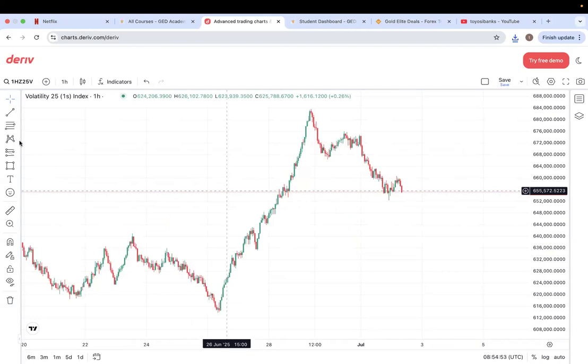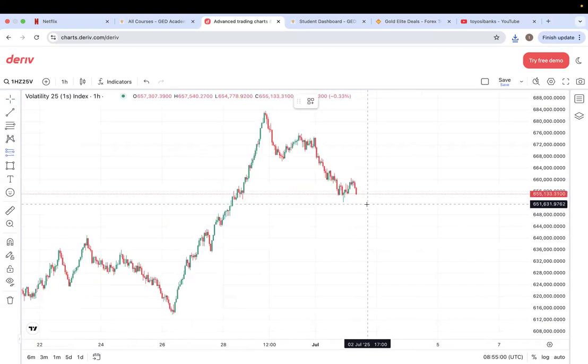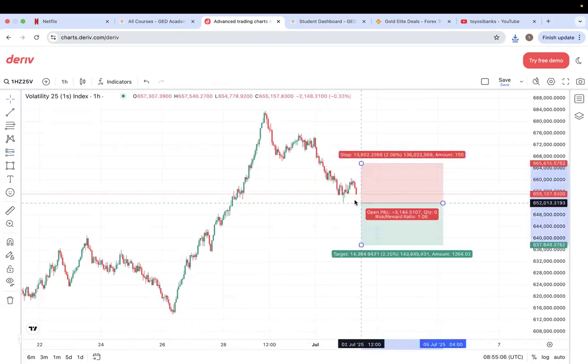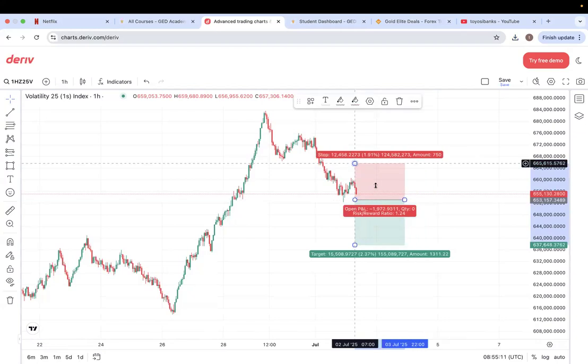For this particular pair, I'll be expecting a case scenario like this, where the market breaks past this area for 25 1s.